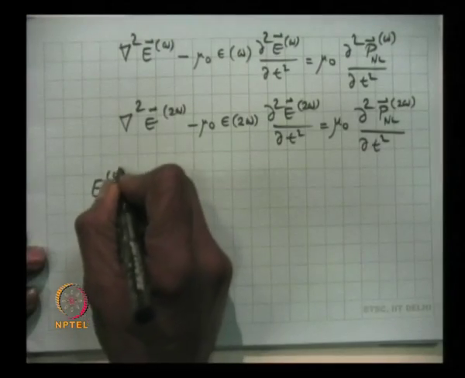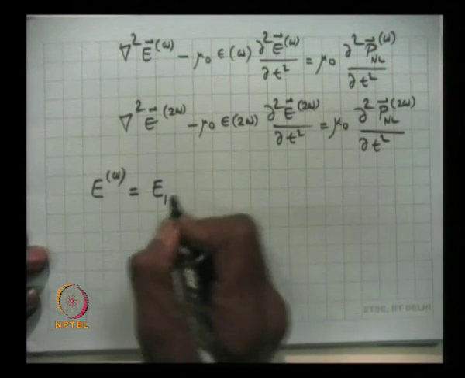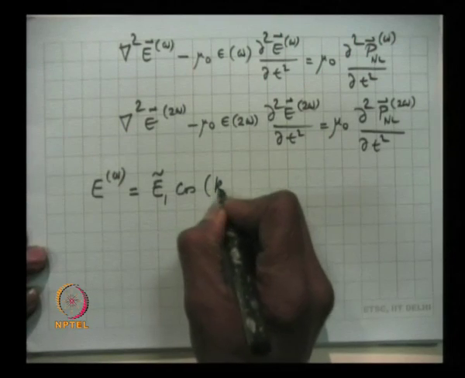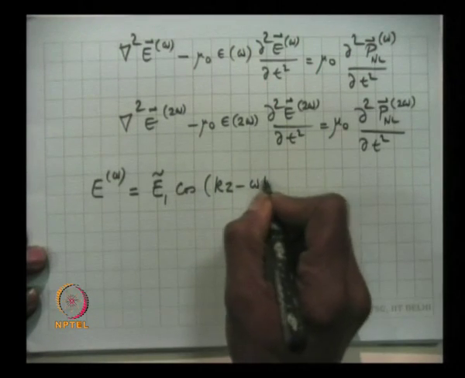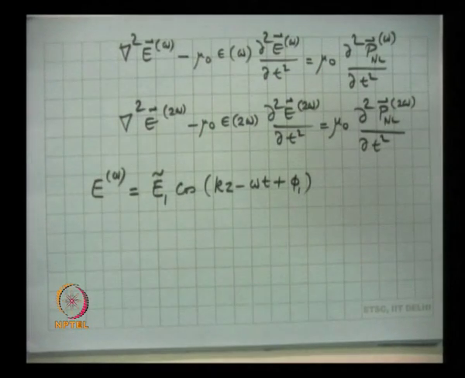For example, if I write E at omega is equal to, say, E1 tilde cos(k1 z minus omega t plus phi 1). Suppose this is my electromagnetic field at frequency omega.